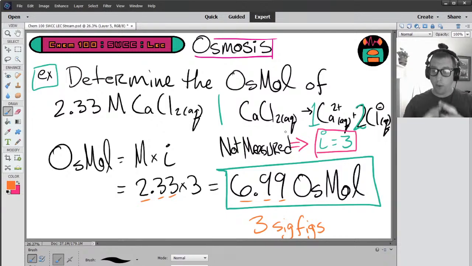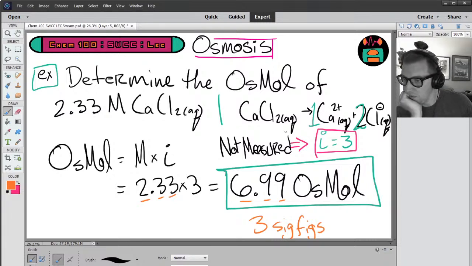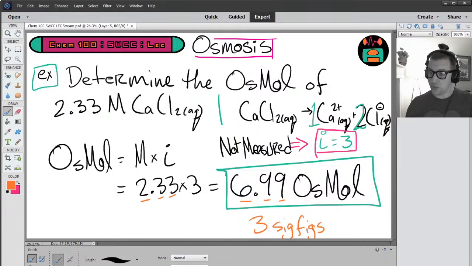So osmosis is why you can't drink salt water, can't drink ocean water, because the osmolarity of ocean water is higher than the osmolarity of your blood cells.